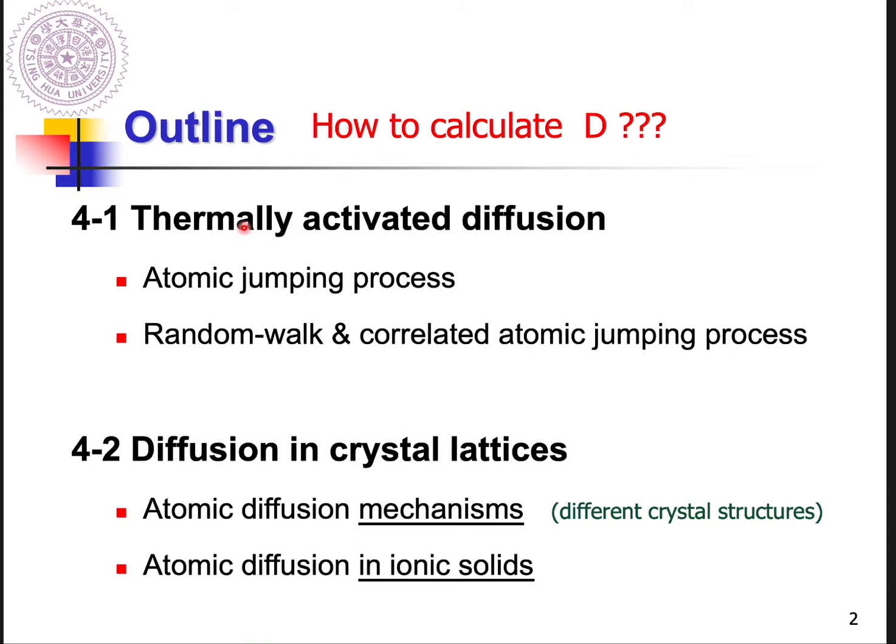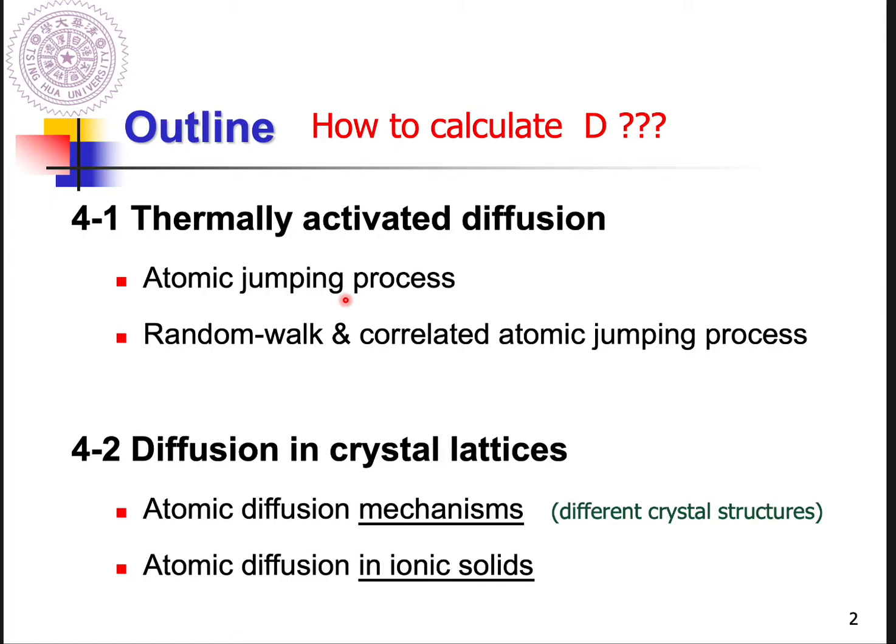As long as the temperature is higher than 0 K, the atoms definitely have certain thermal energy to allow them to diffuse or move around in your materials. In this section, we are going to describe the atomic jumping process. What's the atomic jumping process? Actually, what's diffusion?